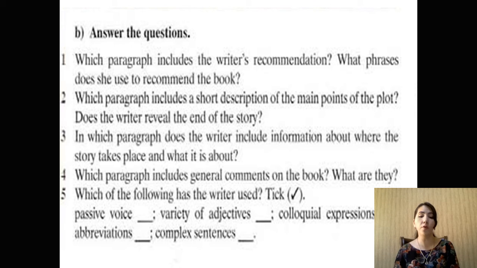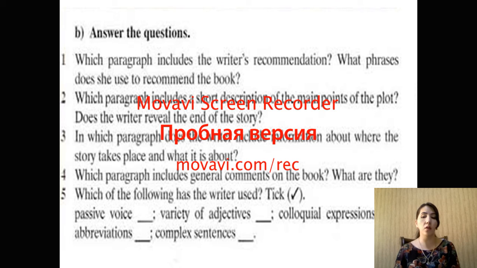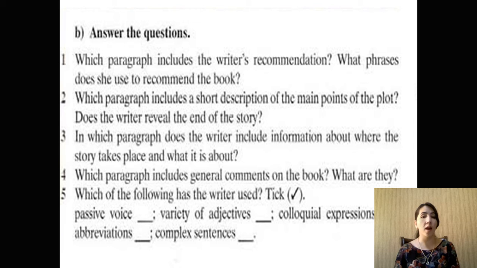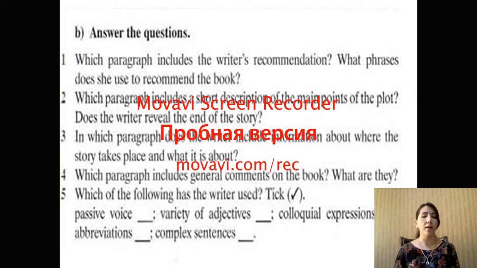Is it passive voice, variety of adjectives, colloquial expressions, abbreviations, and the last one, complex sentences? I think the questions are clear for you. Have you done? Okay, let's move on to the next task.